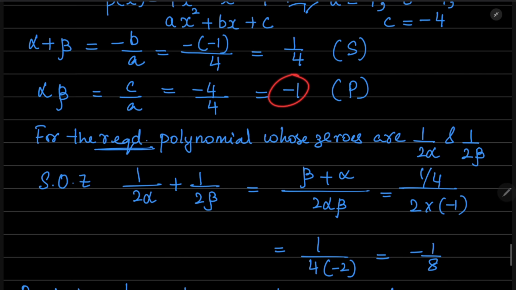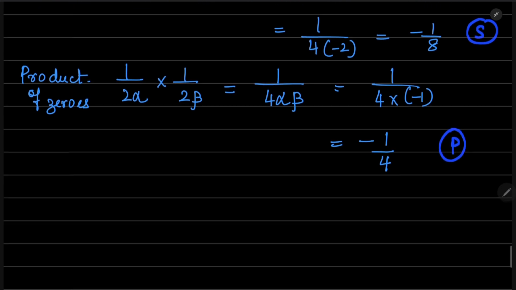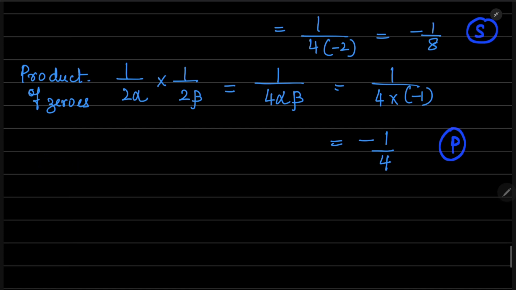Alpha into beta is minus 1, so 4 into minus 1 gives minus 1 by 4. Now you know the sum of the zeros of the new polynomial and you know the product of the zeros. So let us go ahead and find our new required polynomial.